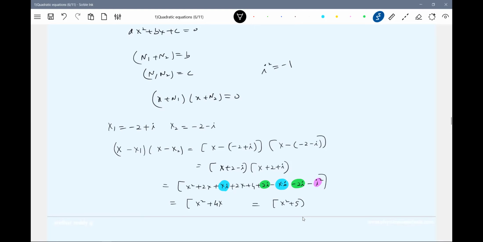Yeah, we'll get it: 4 minus of minus 1. So the simplification of this will be x square plus 4x plus 5. What is i square? i square is equal to minus 1. Okay, this was the quadratic equation we ended with. If you know the roots, you can use this method.